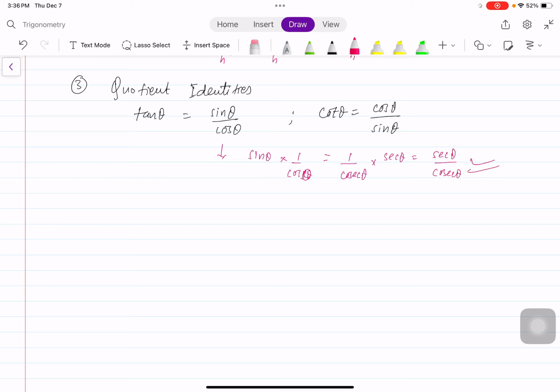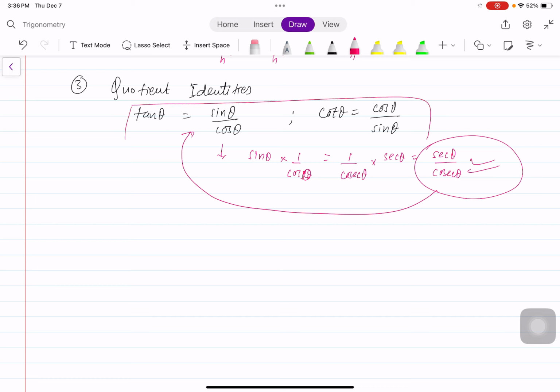You are correct, but we do not use this as an identity, because it boils down to the same relation, and sine and cosine are the basic functions. Normally we start studying from sine and cosine, so we will always use these two relations. These two are the quotient identities.